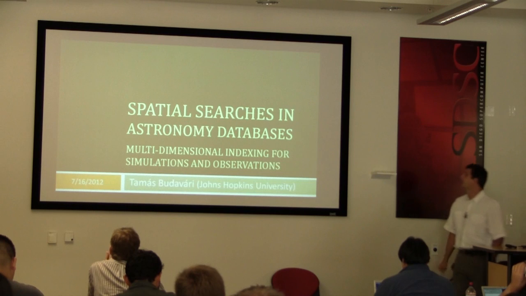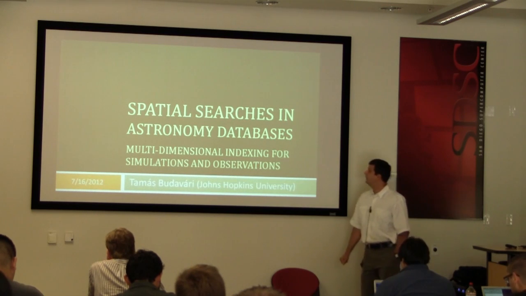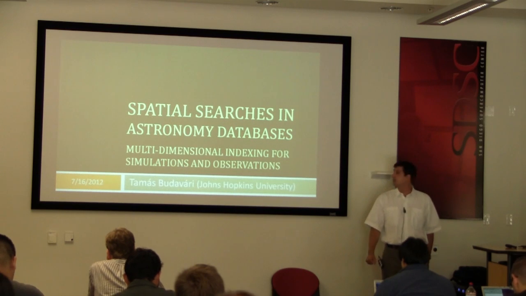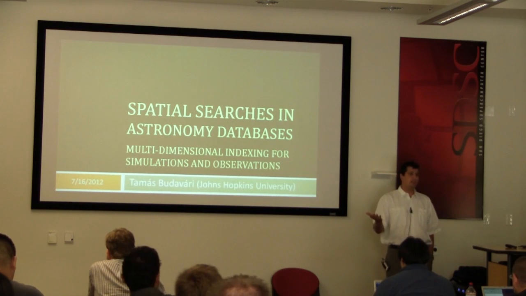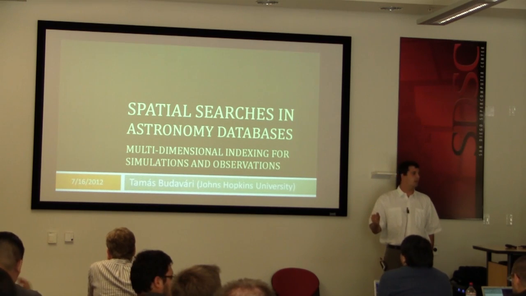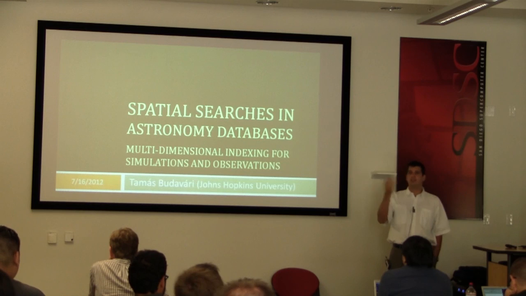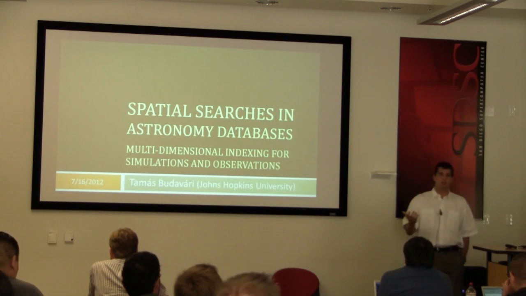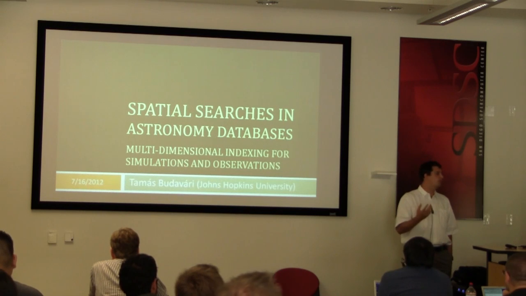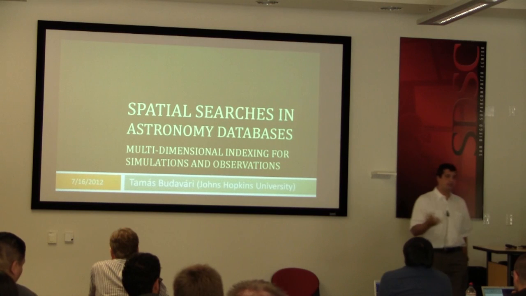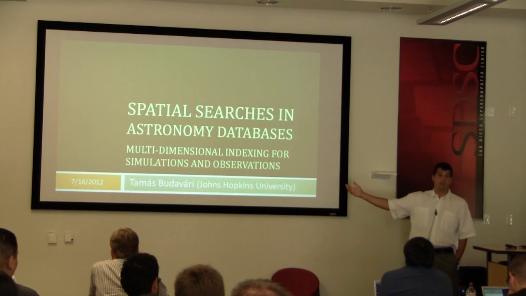All right. So today is spatial searches in astronomy databases, which means multidimensional indexing. Who knows what indexing is? Okay, lots of people know. Essentially it's a simple trick to speed things up. You do some work up front, and because of that, everything else later on becomes really fast.